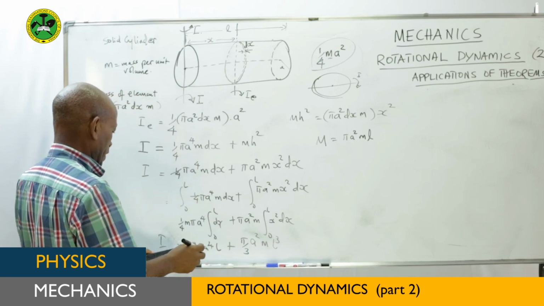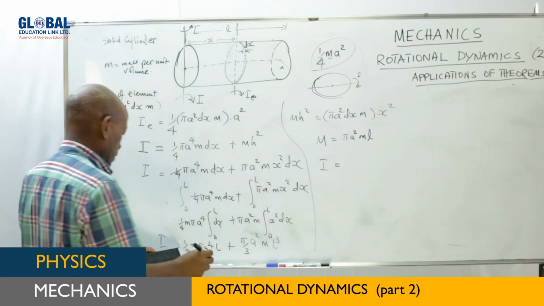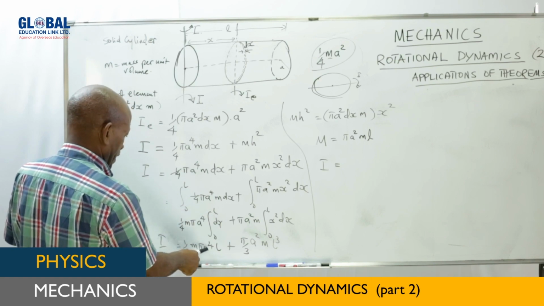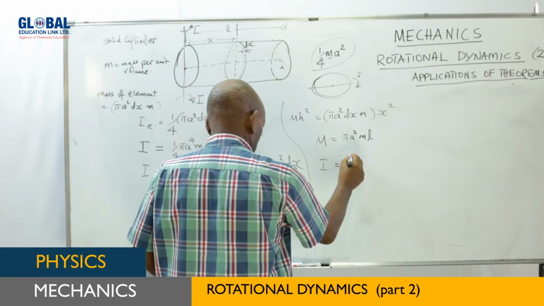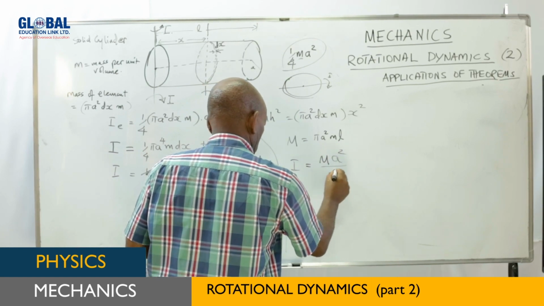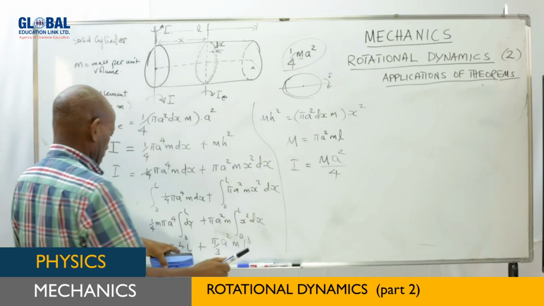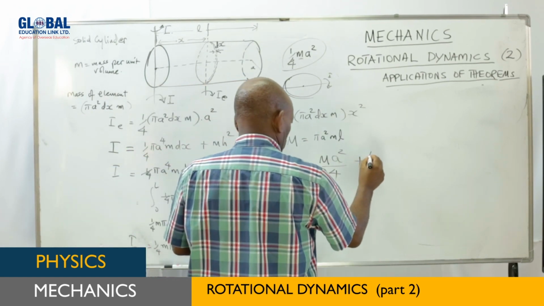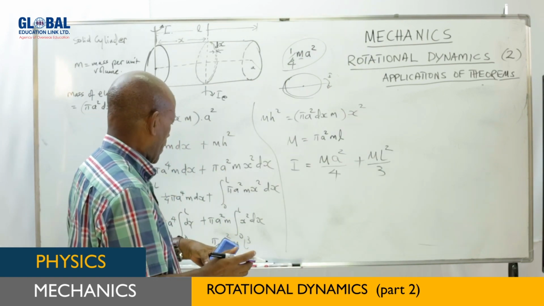And therefore you can find that the moment of inertia I can now be reduced from this expression. If you take pi a squared L m as capital M, here you'll have M a squared over 4, remember another a squared had been absorbed there, plus the whole of this will be equal to M L squared over 3.